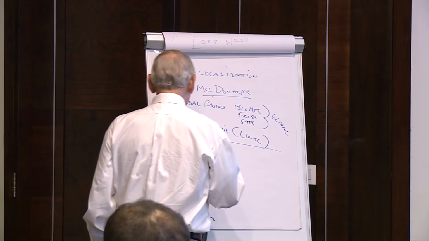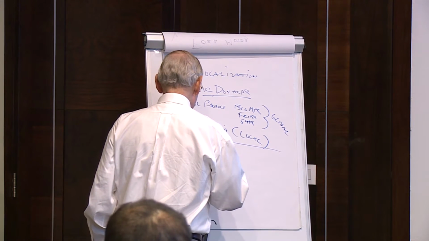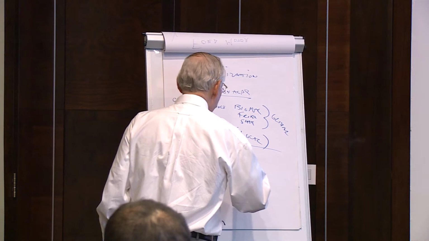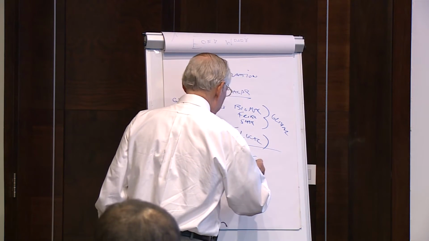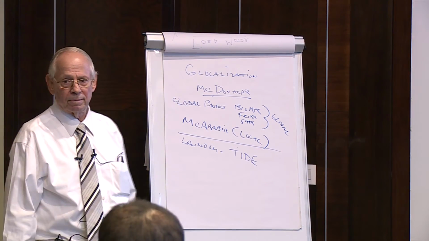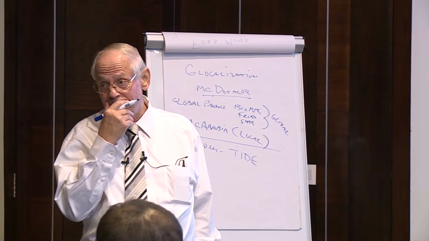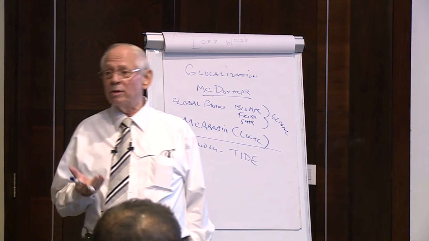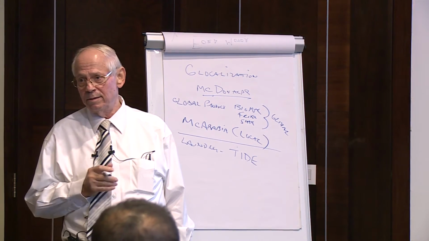You'll see it in laundry detergent. How about, everybody knows Tide, right? Tide laundry detergent. That's a global product. They sell Tide everywhere. And what's it called in other countries? Tide.